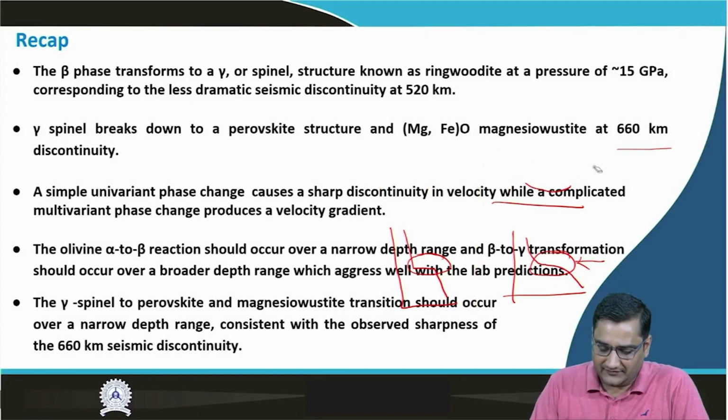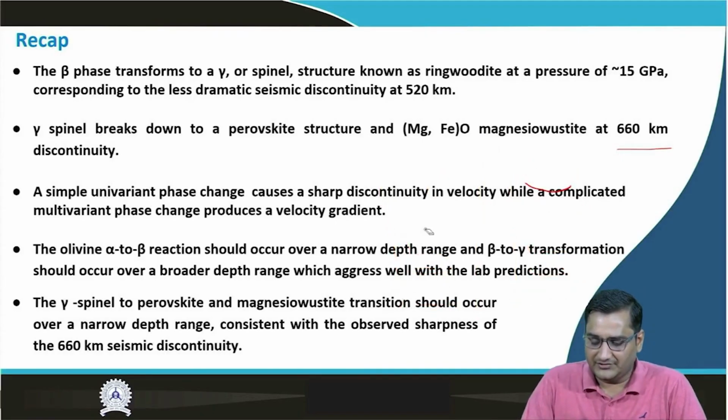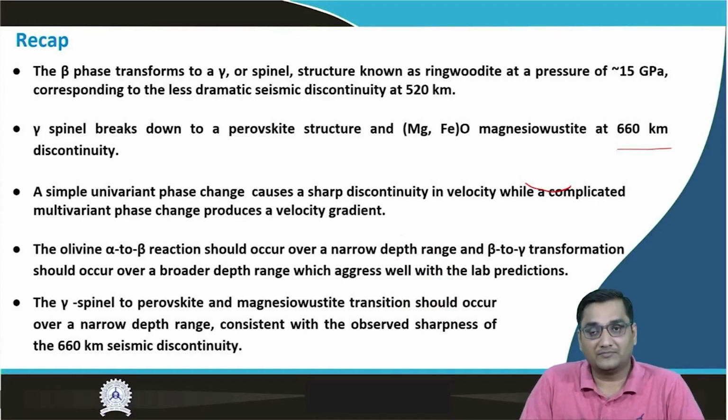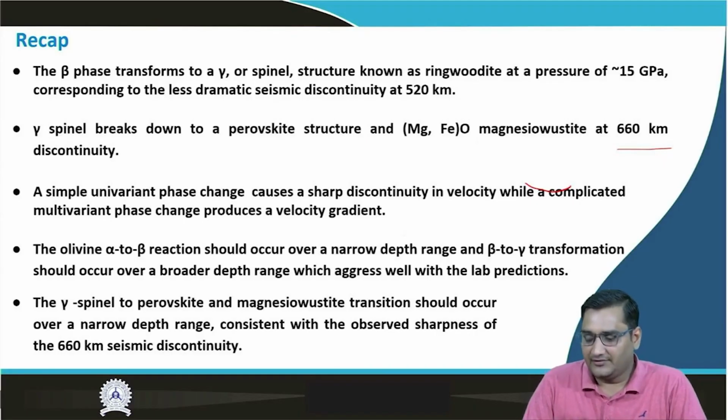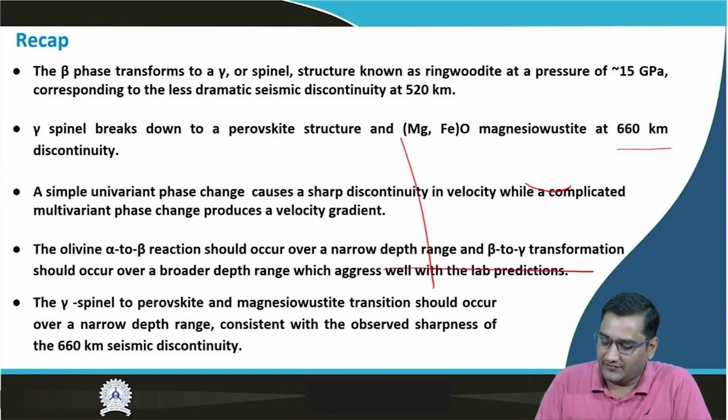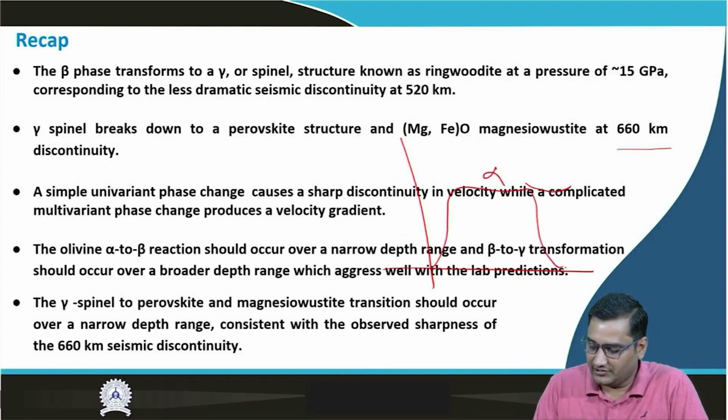We learned that the olivine alpha to beta reaction should occur over a narrow depth range, and the beta to gamma transformation should take place over a broader depth range, which agrees well with lab predictions. In the graph, alpha was changing to beta within a very narrow range, and then beta was changing to gamma within a very broad range.